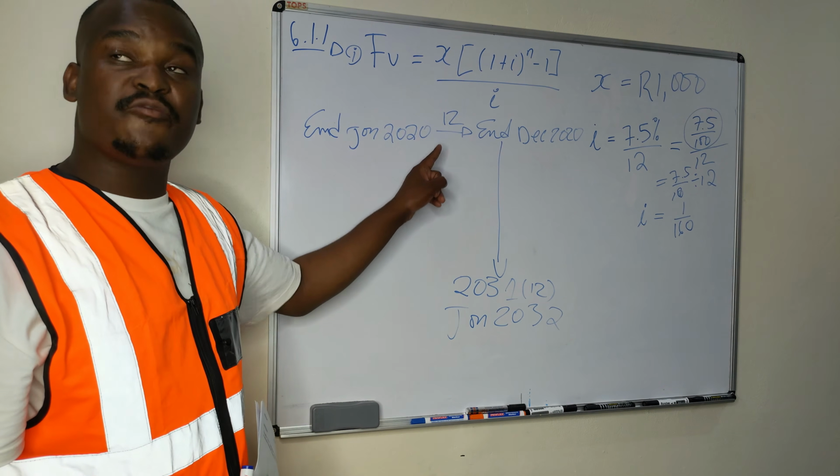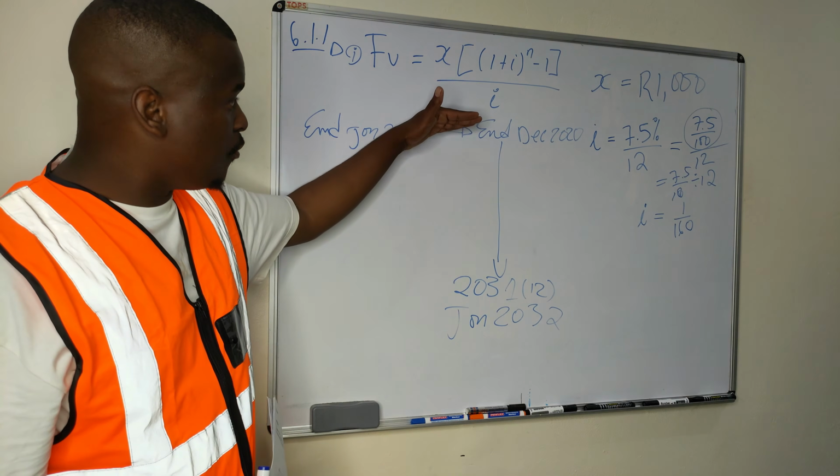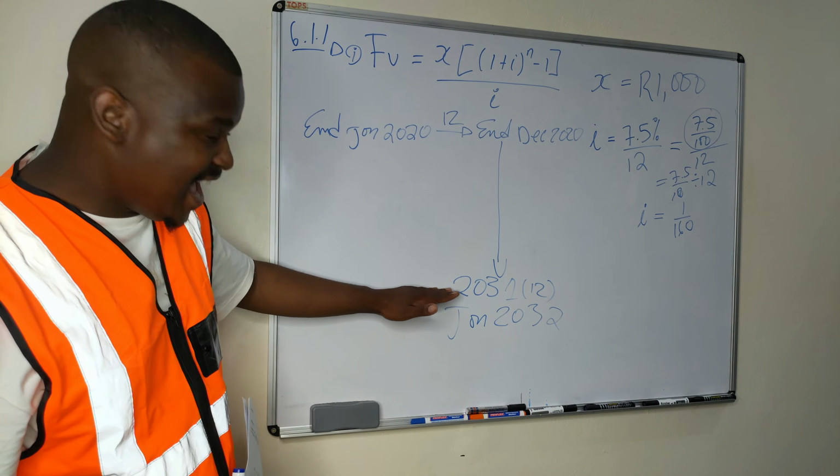So this person made 12 payments each year for a period of 12 years.